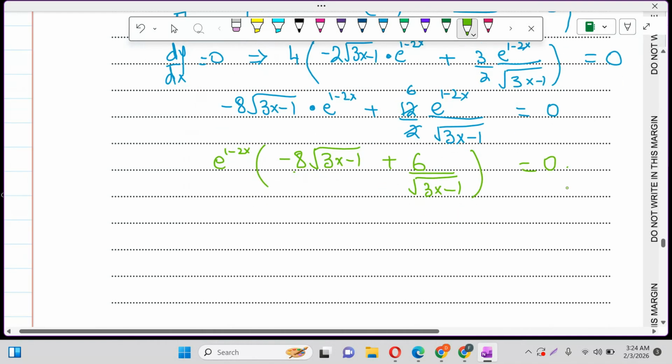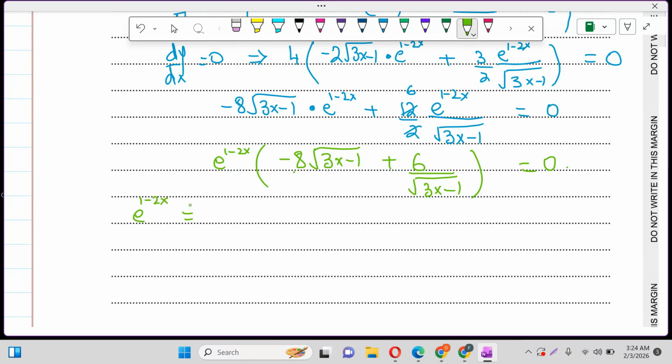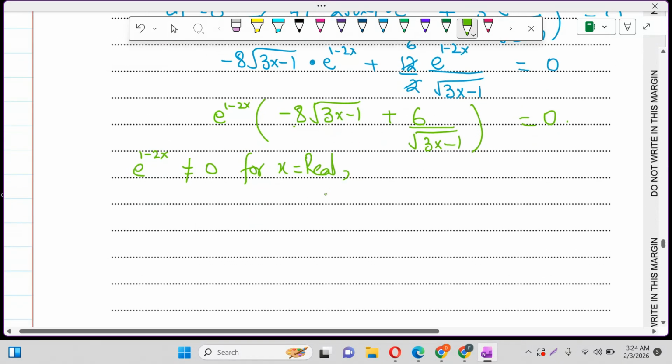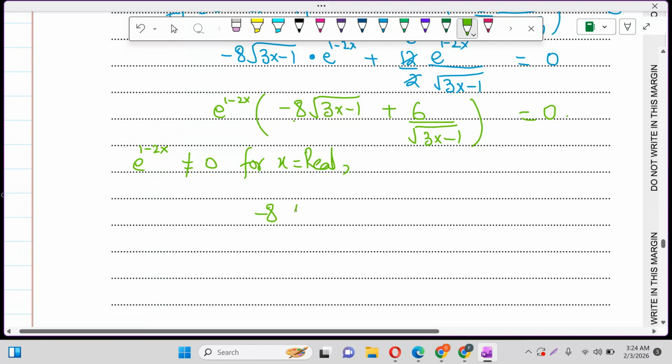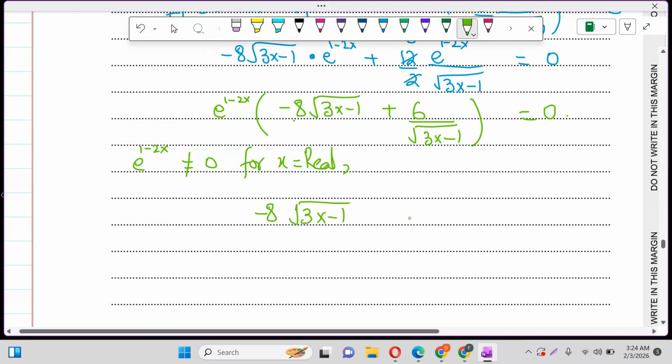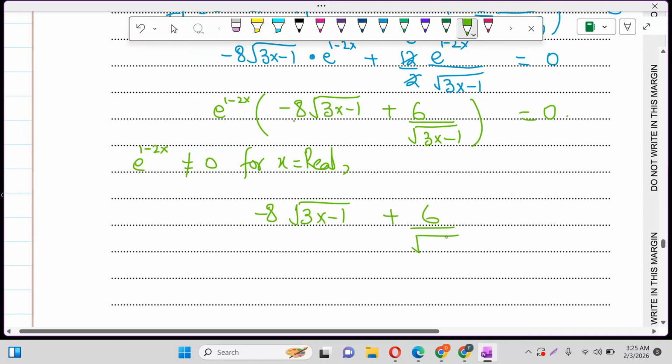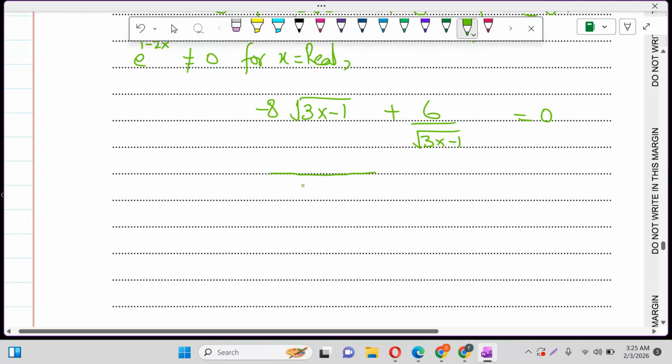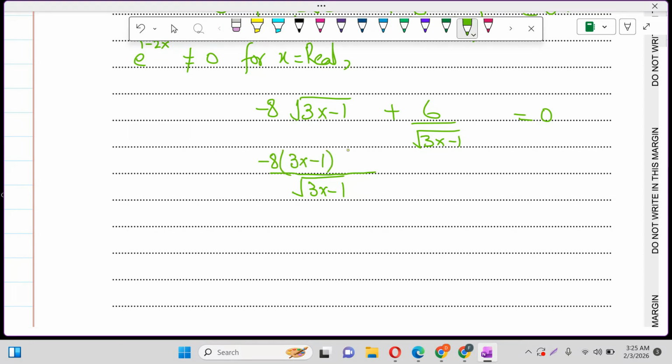We have two factors, and we know that exponential of (1 - 2x) cannot be 0 for x real. So we have the other factor, which is negative 8 √(3x - 1) plus 6 over √(3x - 1) equal to 0. Taking the LCM, we will have [negative 8 times (3x - 1) plus 6] over √(3x - 1) equal to 0.